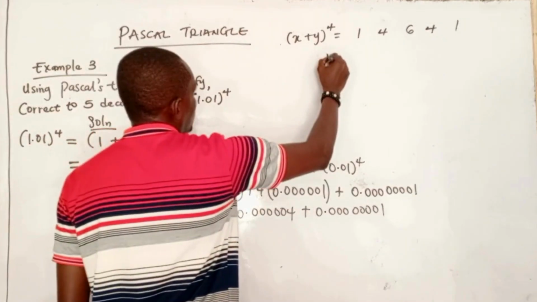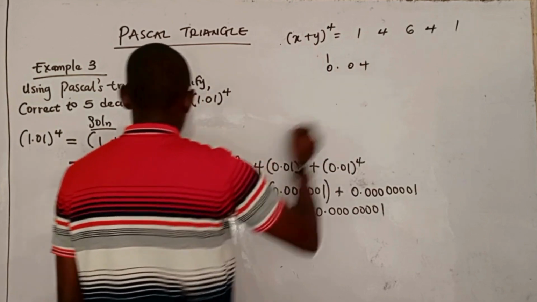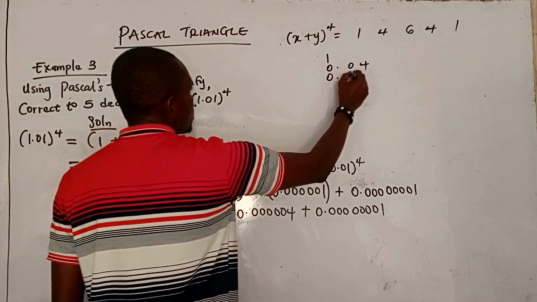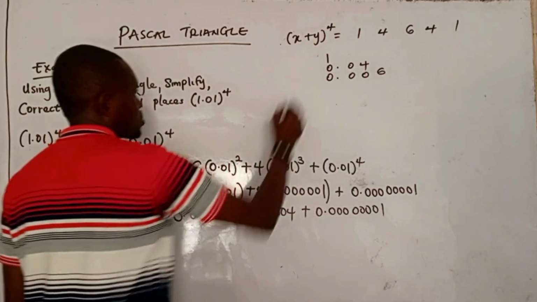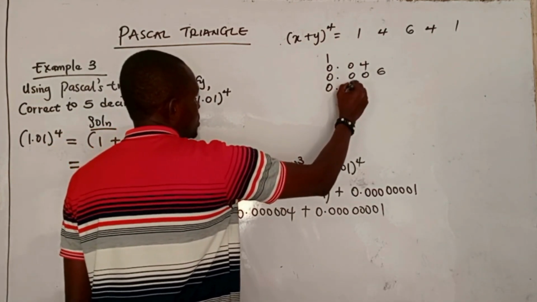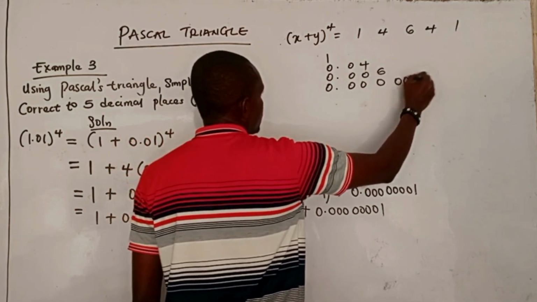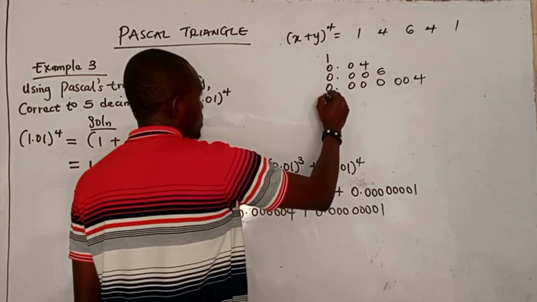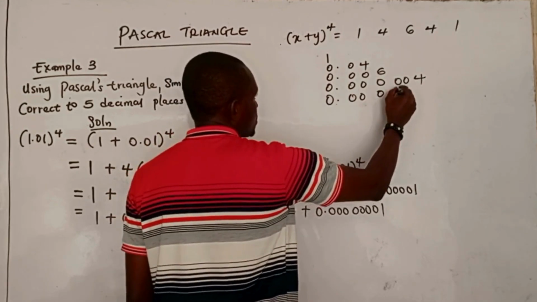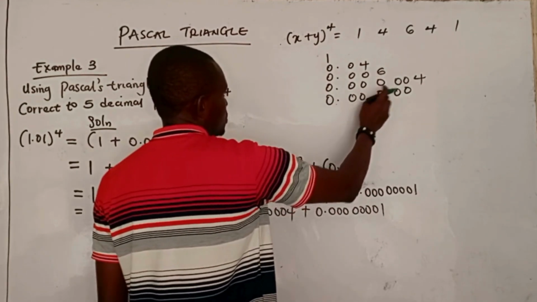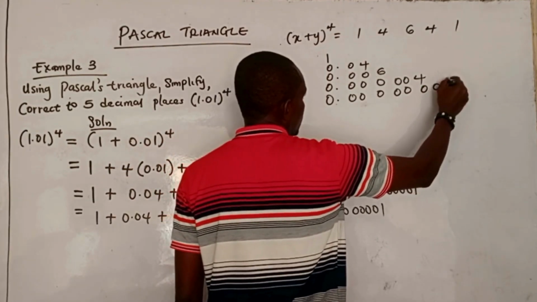We are going to have 1 here, then the next one is 0.04, then the next one is 0.0006, then the next one is 0.000004, then the next one is 0.00000001.